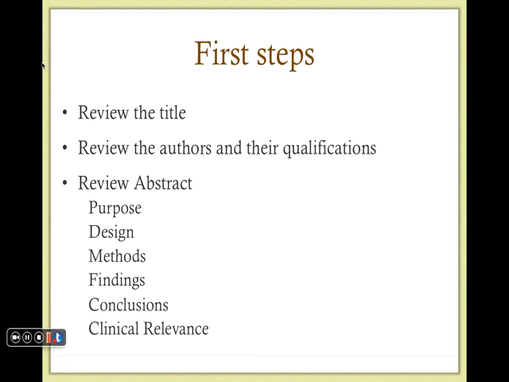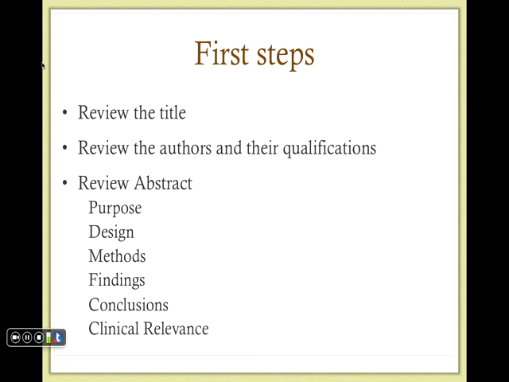Okay, on the right-hand side, you're going to see an abstract, and this is a standard kind of presentation that you'll find on every research article that discusses the nuts and bolts of the research article. So you should be able to read the abstract and get a pretty good sense of what the article is all about.